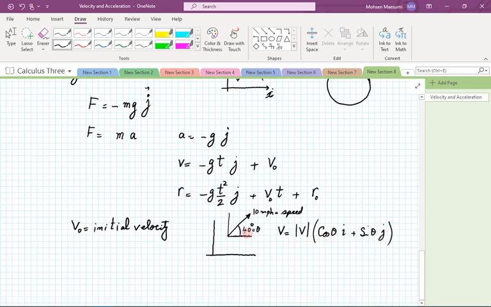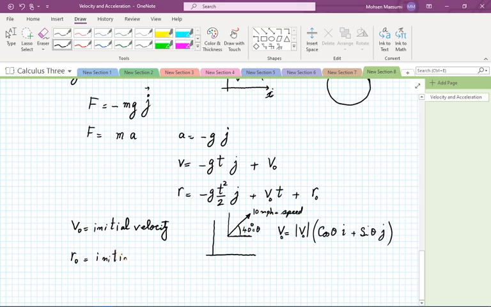So that is going to give us a unit vector in this direction. When you multiply by my speed, I'm going to get my velocity. So my initial velocity is going to be the initial speed times cosine of the angle with respect to the horizon at which it travels times i, and sine of theta times j. How about r0? Well, r0 is going to be the initial position.